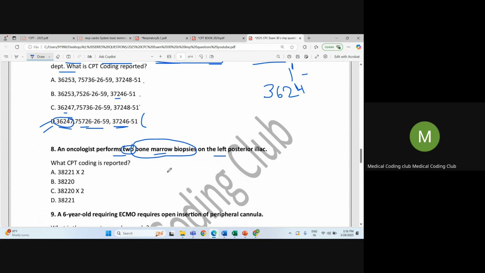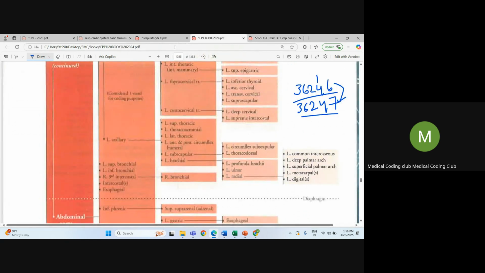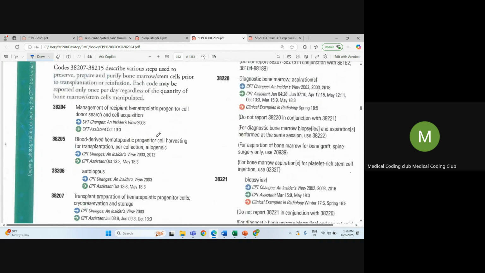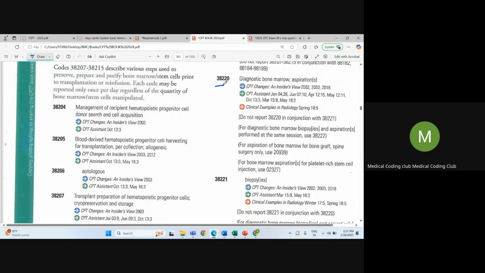So then you have to check the code under bone biopsy, 382 series. Bone marrow or stem cell services, 382 series.